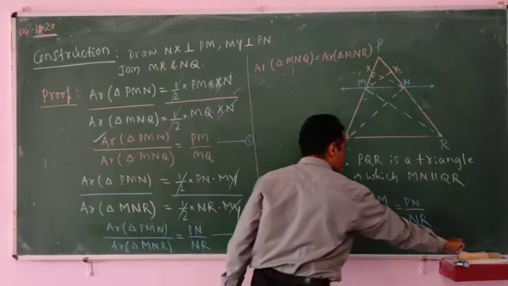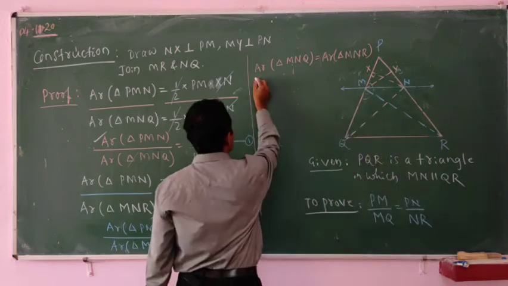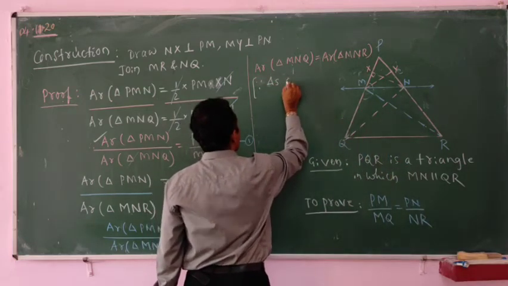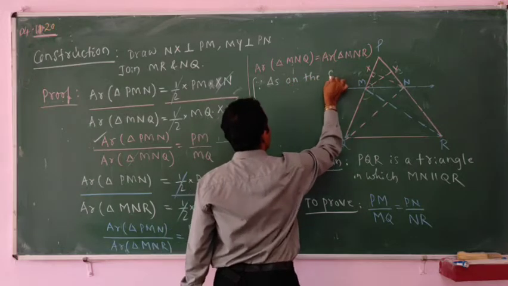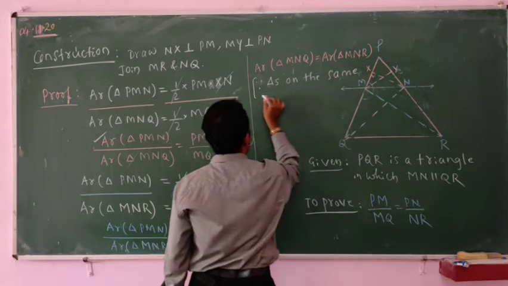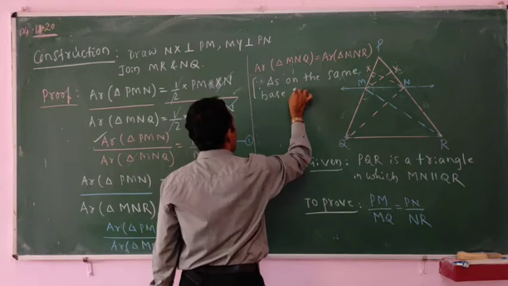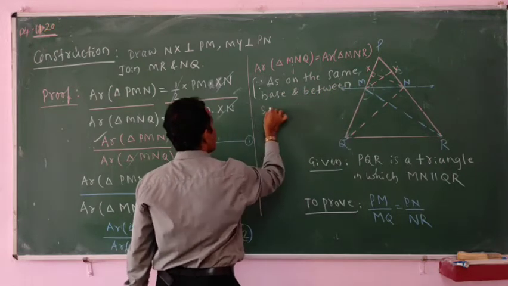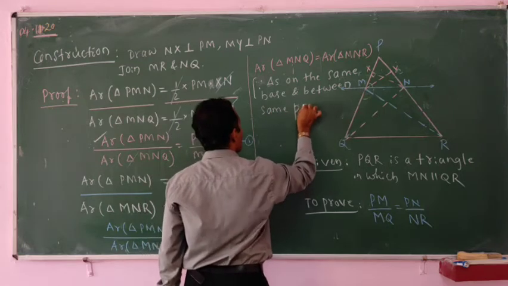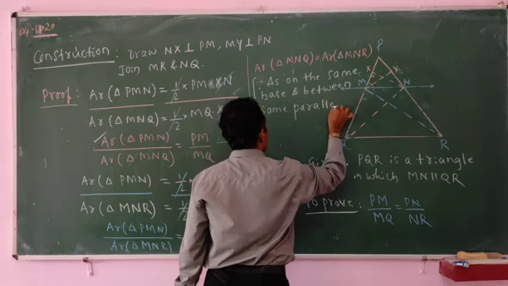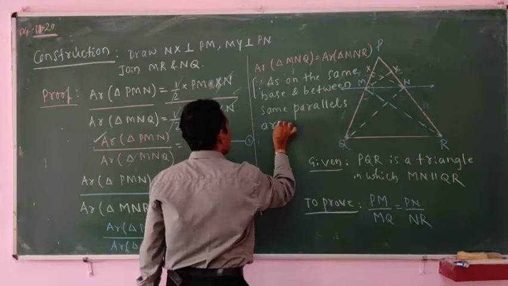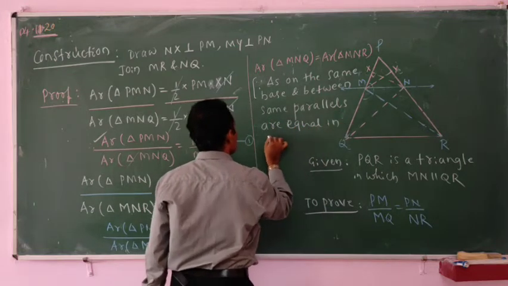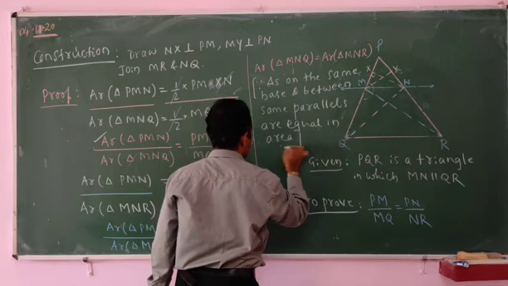Why? Because triangles on the same base and between the same parallels are equal in area.